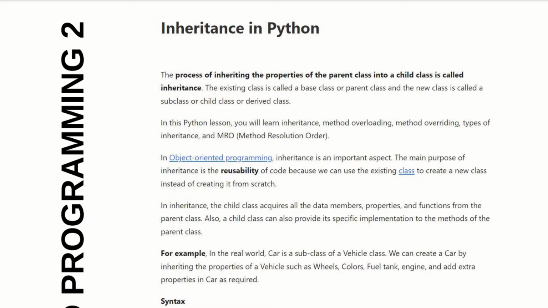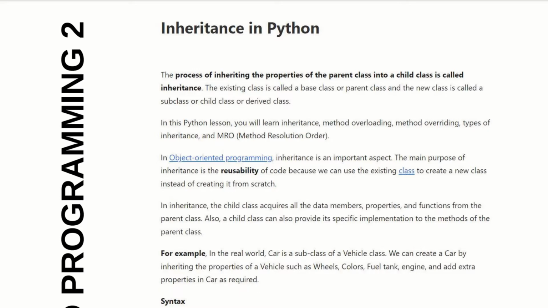Okay? One important aspect of object-oriented programming is inheritance. The main purpose of inheritance is the reusability of your code, because we can use the existing class or our parent class to create a new class instead of creating it from scratch.